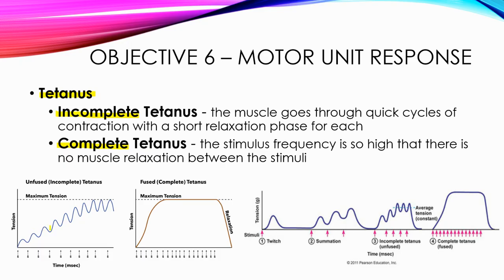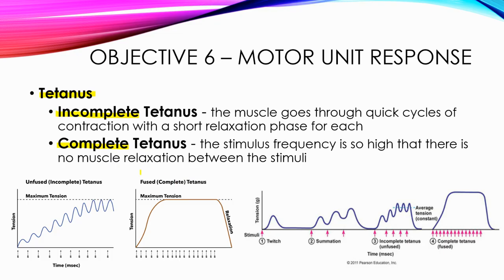You can still see that treppe going on. You can see that steady increase over time, but they're short contraction and relaxation phases. Those relaxation phases, notice they're not going all the way back down. And so we're building tension, but we have these very small relax phases in between, and that's what we call incomplete tetanus.